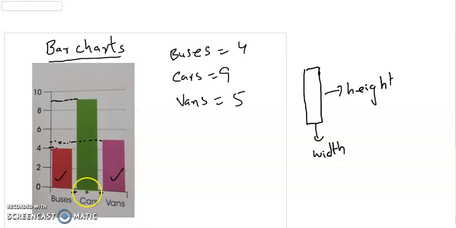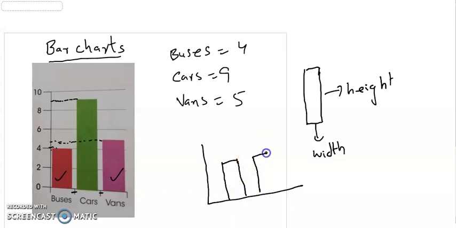So two things: the width must be equal for all bars, and the gap between the bars should always be equal. Like let's say if I draw a bar chart here with two bars, the bars should be drawn in this way, that the width of each bar is equal and the gap between the bars is also equal.